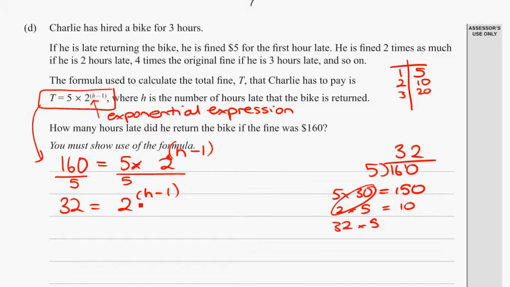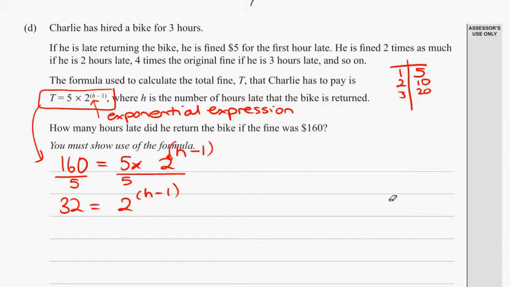Now I can see that this is a power. 2 to the power of something is 32. So as we've already done in the previous question, which relied on powers, we could try multiplying 2, see how many we need to get to 32. 2 2s are 4, times 2 is 8, times 2 is 16, times 2 is 32. So we needed 5. 2 to the power of 5 is 32.